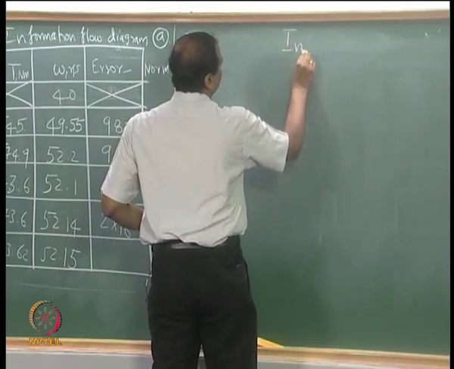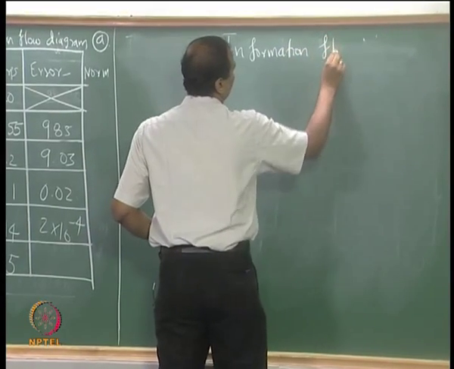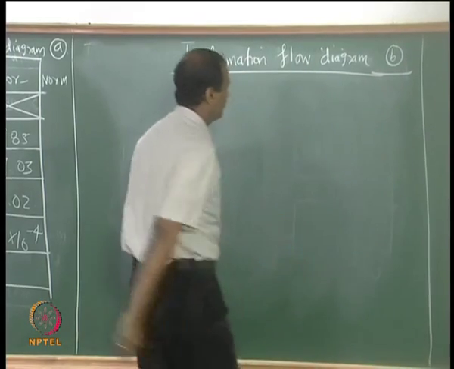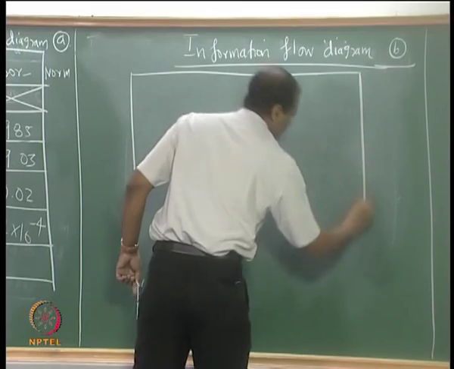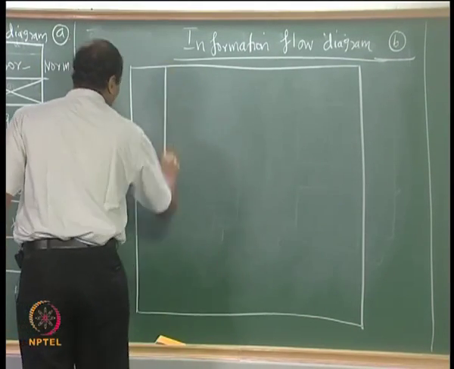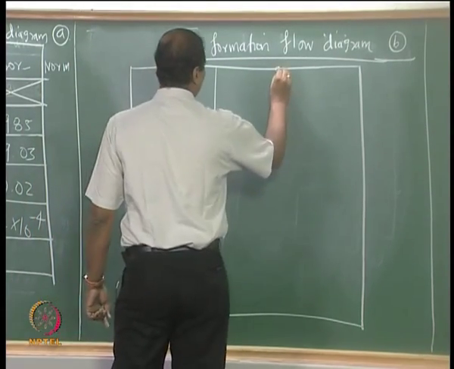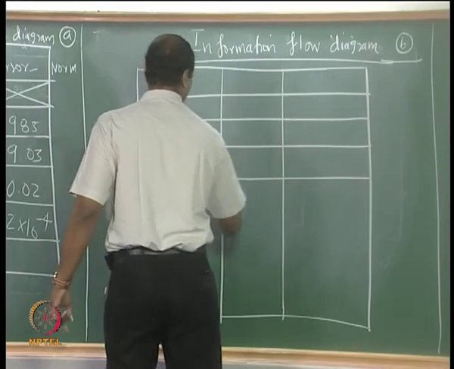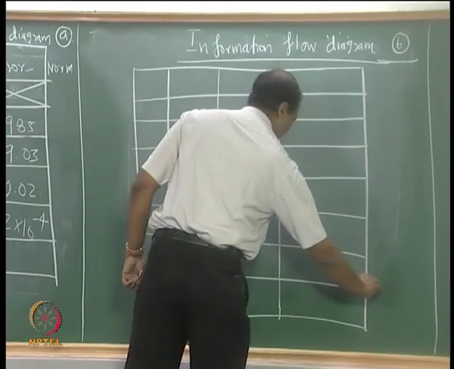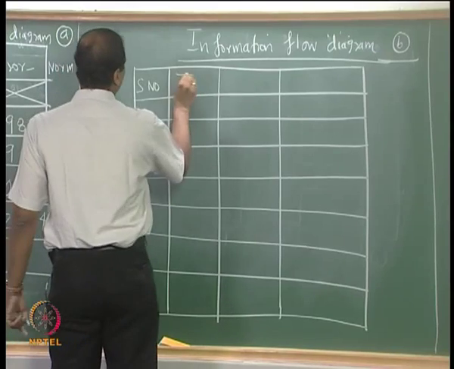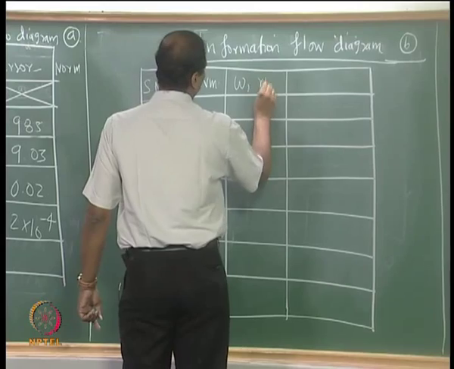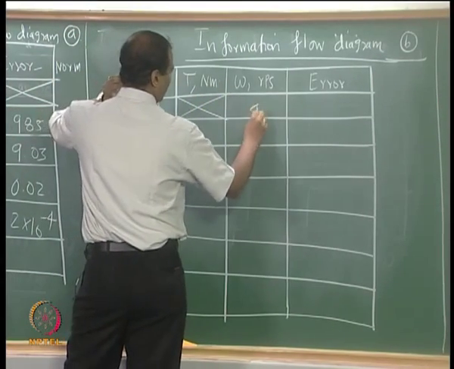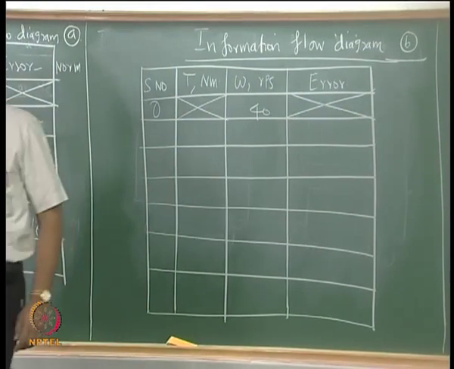So, information flow diagram B, okay. So, first step is the same.